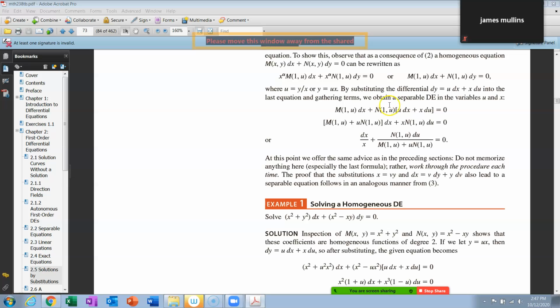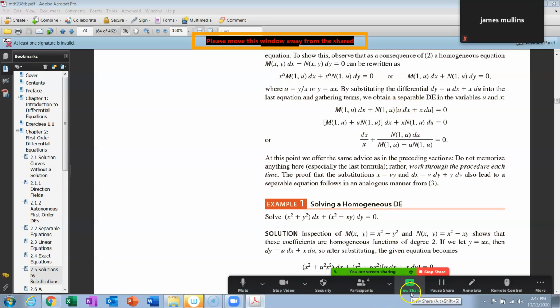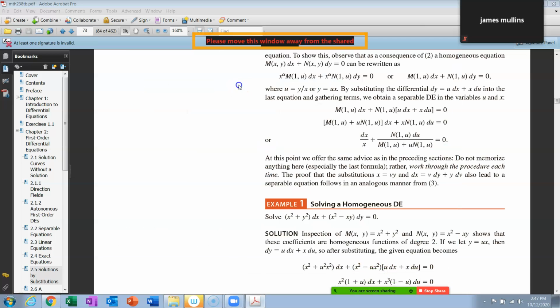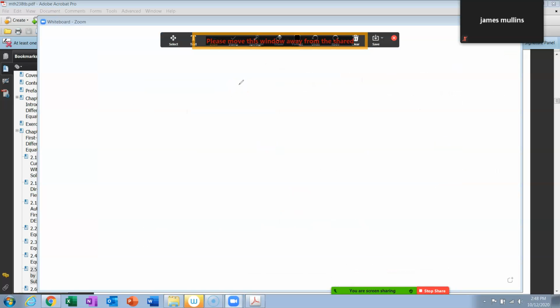What we're doing is substituting this differential, the dy, right there, in for that, and gathering terms. It feels like here I probably should do this on the whiteboard. Let me do that. Because they are skipping enough steps, it makes it really hard to see.